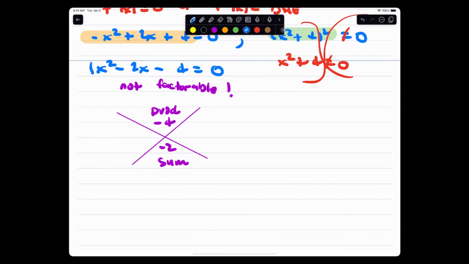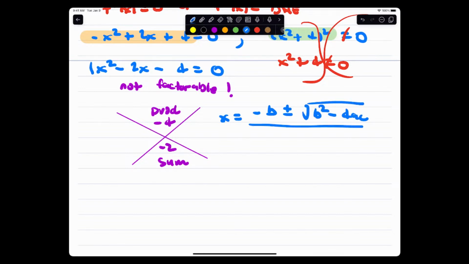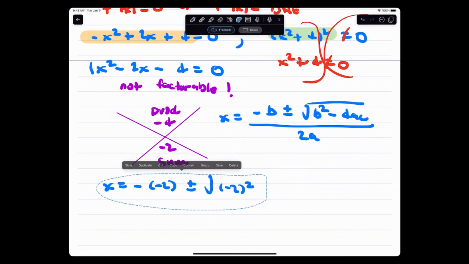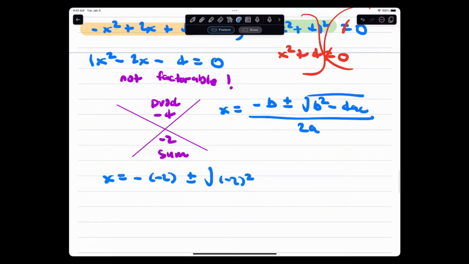Okay, but everybody's favorite: quadratic formula. The quadratic formula says this is negative of negative 2, plus or minus the square root of negative 2 squared, minus 4 times 1 times negative 4, which is c.